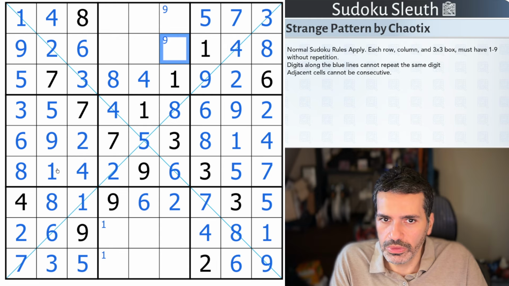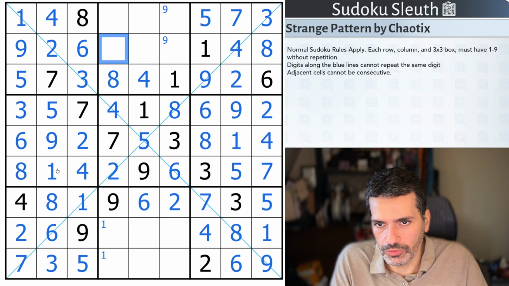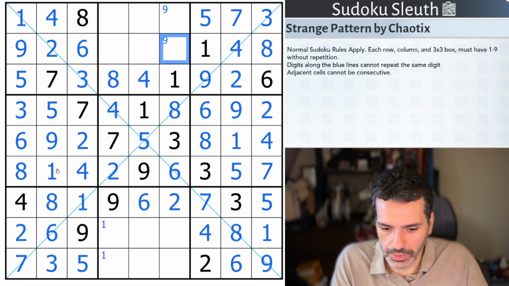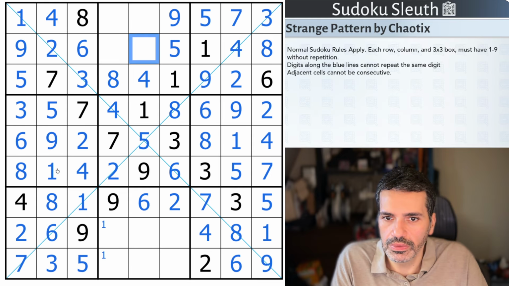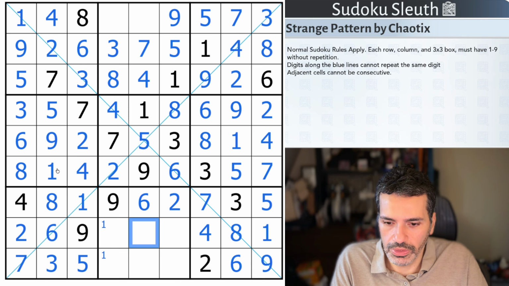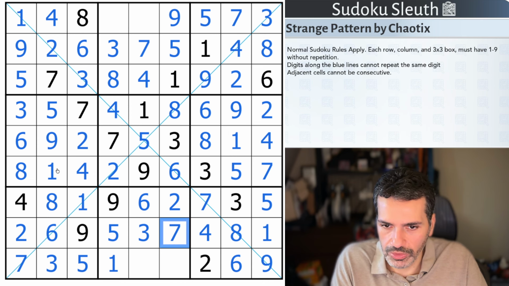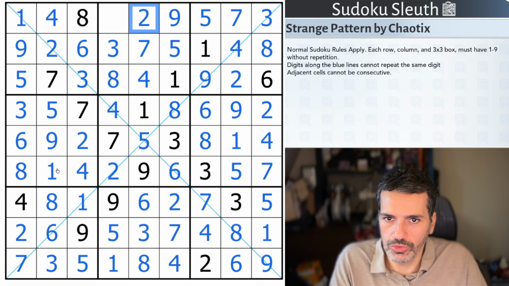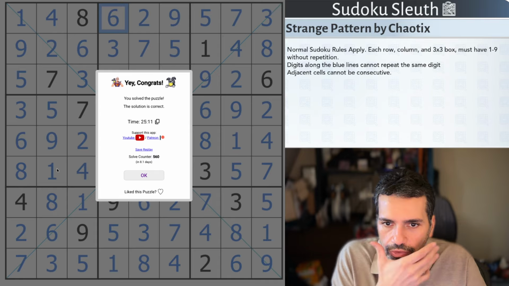I need 3, 5, 7. 5's not here. 5's not there. That's 5. That's 9. 3's not here. 7's there. Then let's just fill that in. That's 3. That's 5. That's 1. That's 7. I need 4, 8, 2, and then 6 for the finish.